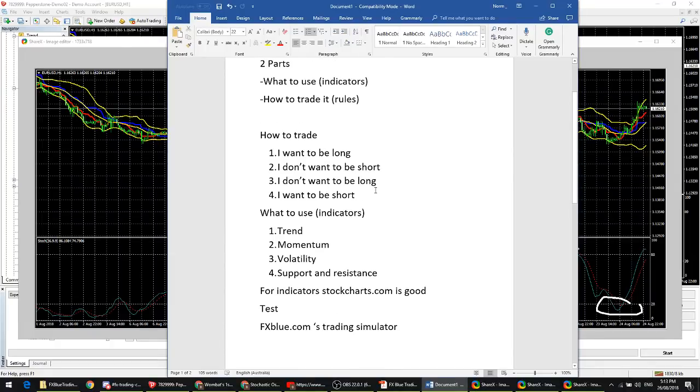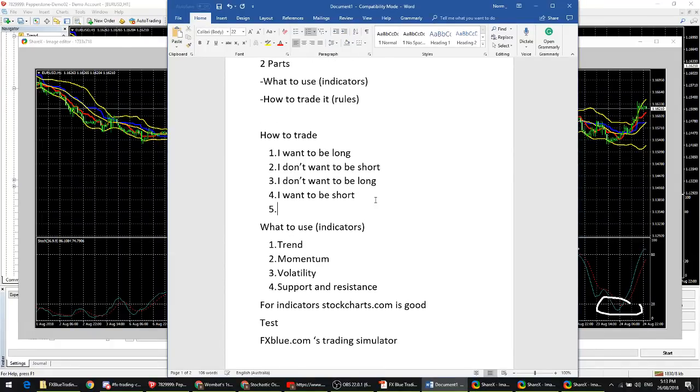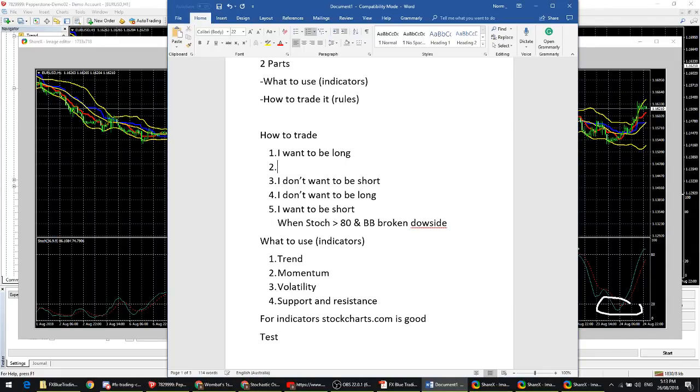So we want to be short when stochastic is greater than 80 and Bollinger Bands are broken downside. Now, we want the same rule for long. So when stochastic is less than 20 and Bollinger Bands are broken upside, we want to be long.